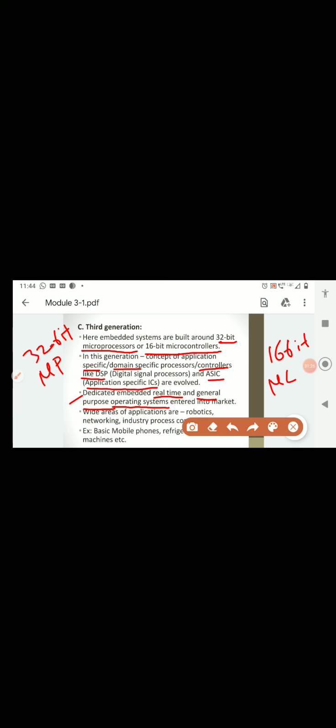And along with that you can see the wide areas of application. You can see robotics, networking, industry process control, media, and many other applications. So these are the application areas.